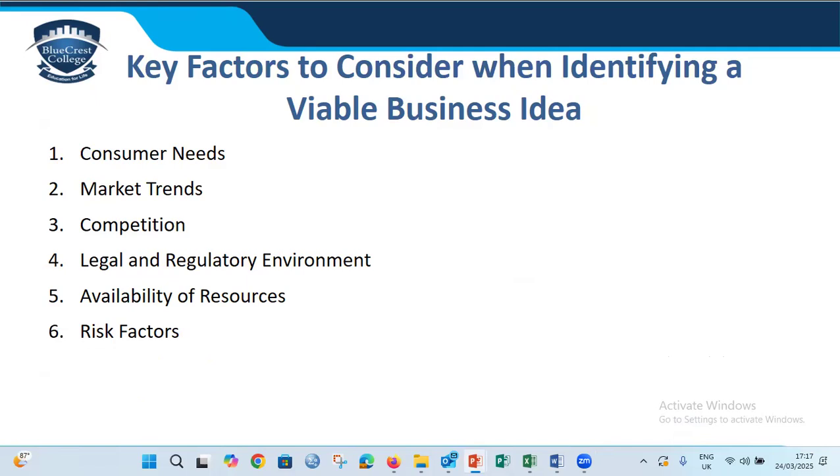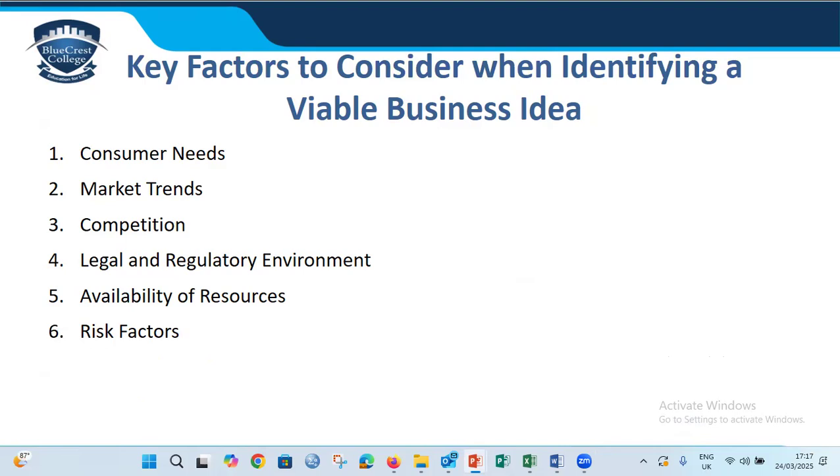You also have to study the market trends: how sales have been going, how supply is going, how demand is going. Have a fair idea of what is happening on the market.